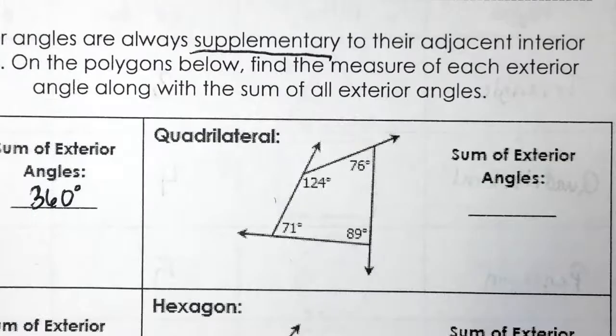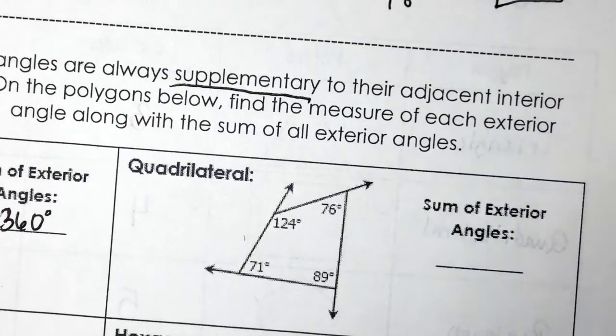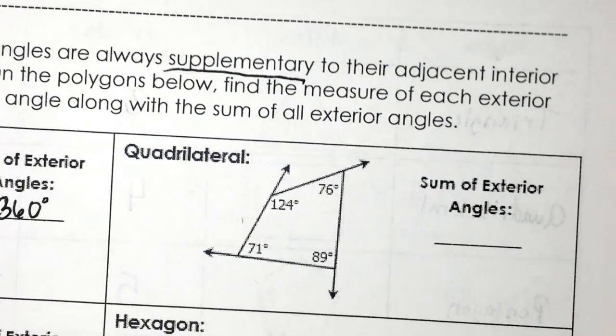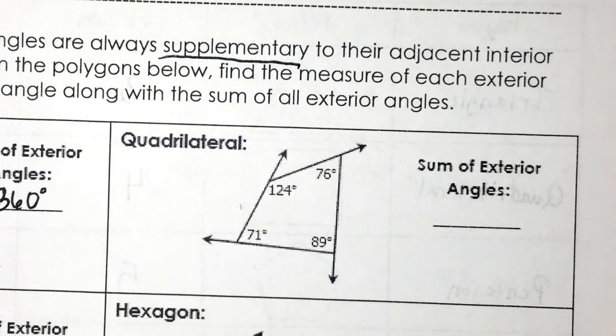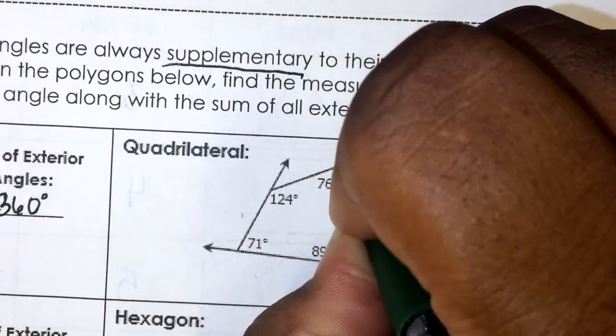Quadrilateral next. Somebody do it, I'll come around to you. Juan, do it so I can come around next to you about this. I just want you to find all the exterior angles first. 104.